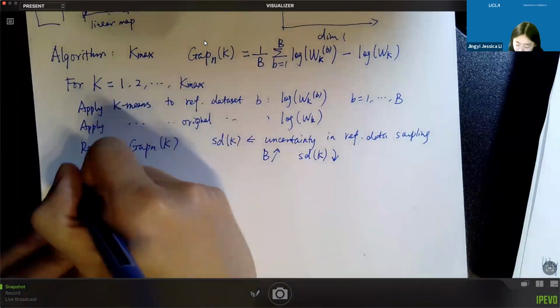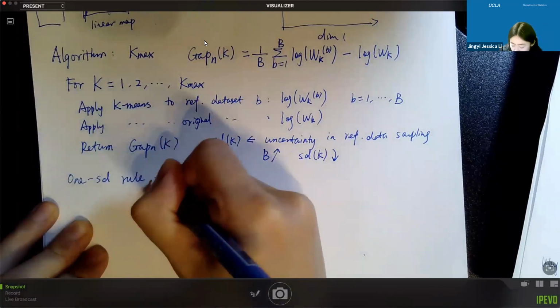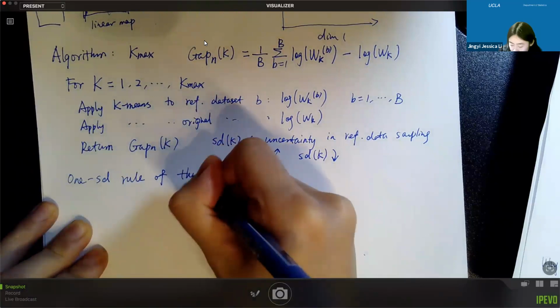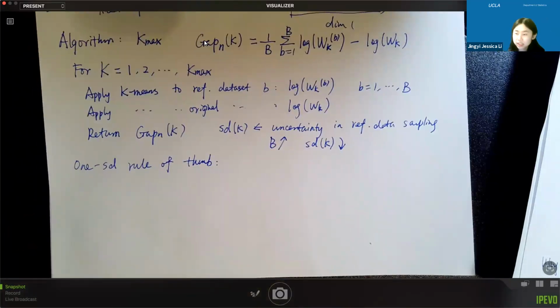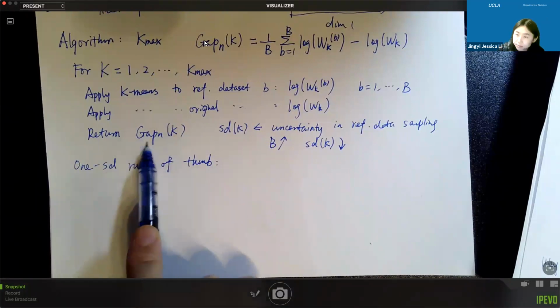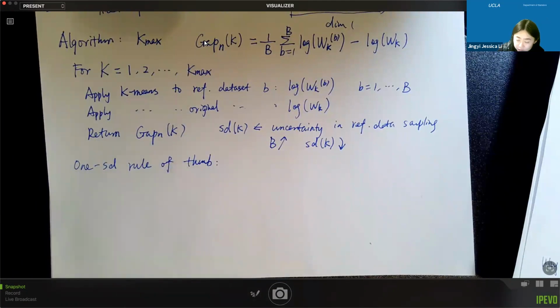This is a very common rule of thumb. What it means is that when we choose the largest gap, we're not really targeting the largest number here. We also consider the standard error.